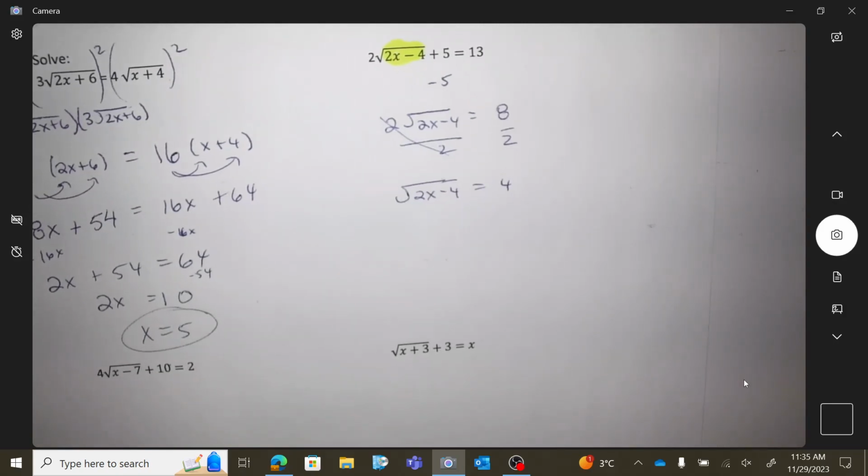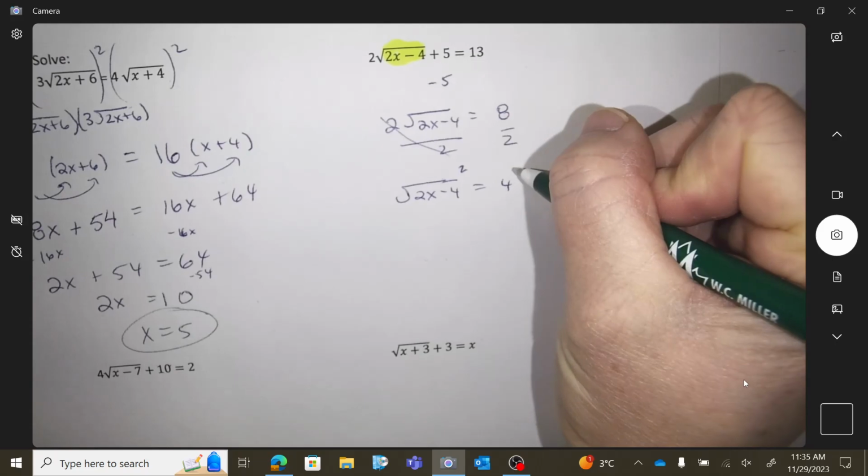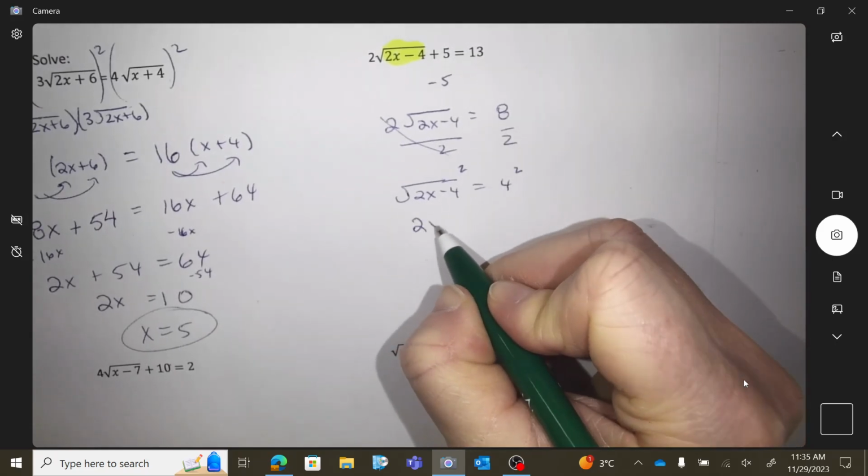Okay, now this is the point where I'm going to square it. Once I have that radical alone on this one, now I'm going to square.